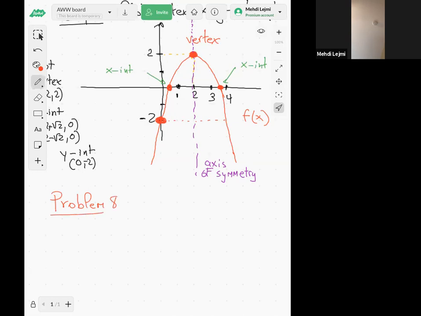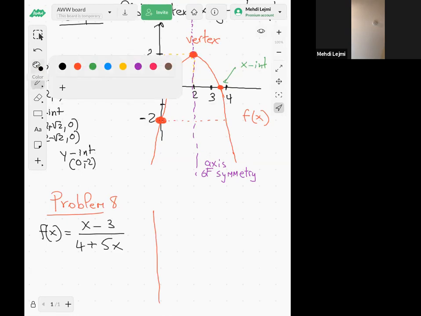So what I'm gonna do, I'm gonna make a table. On the left, I have my function f of x, which is (x minus 3) over (4 plus 5x). On the right side, I'm gonna write down the steps.